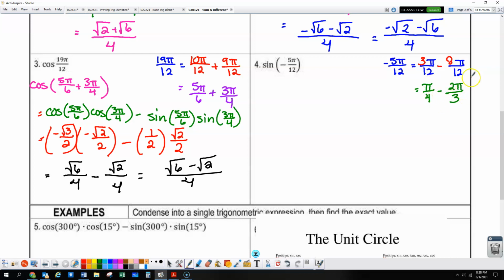So pi over 4 minus 2 pi over 3. So sine of negative 5 pi over 12 would be sine of pi over 4 minus 2 pi over 3. Now, if you didn't use these two angles, that's okay. Just keep following me to make sure you got the right answer.